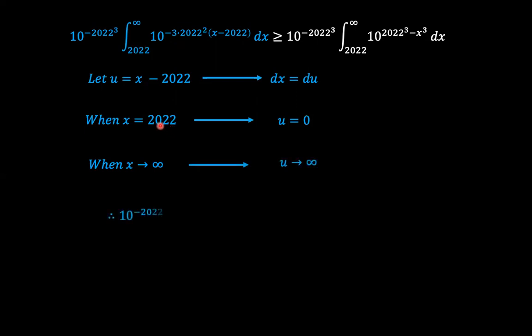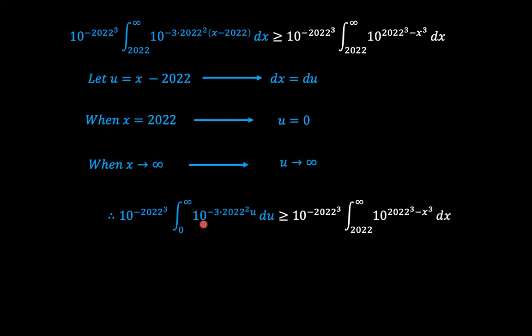And that means that the left-hand side of this inequality now becomes 10 to the power negative 2022 cubed times the integral from 0 to infinity of, actually this is u now, 10 to the power negative 3 times 2022 squared u du, which is greater than the integral of interest.